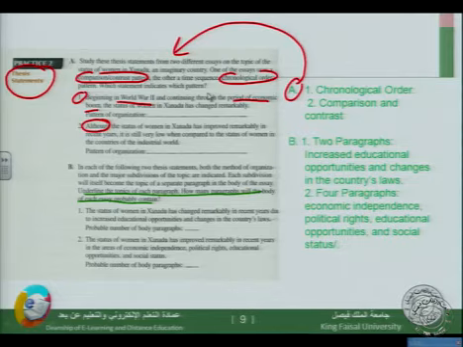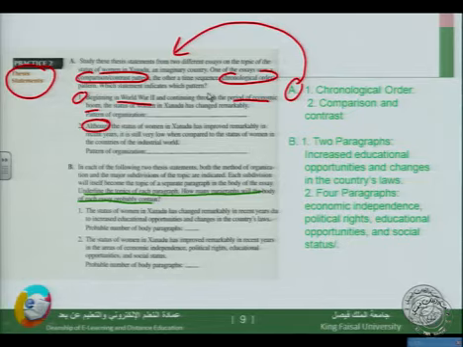We have a few differences. The status of women in Alexandria has changed remarkably in recent years due to increased educational opportunities and changes in the country's laws. What is the probable number of body paragraphs? الآن how many body هذه thesis statement, how many paragraphs it may probably contain.